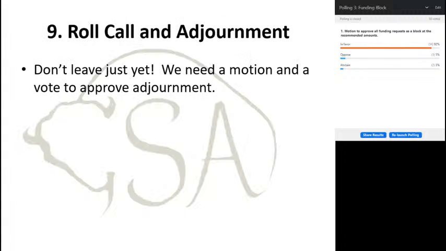That's everything on our end. We cannot adjourn without a motion for adjournment. Motion from nursing. Second from CBE.